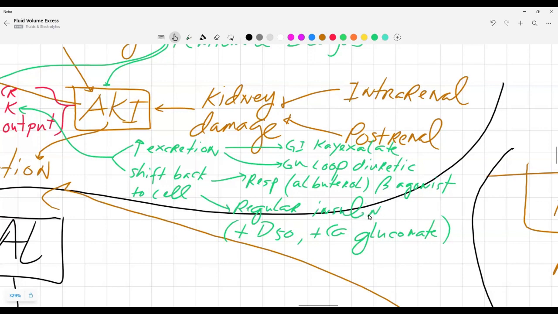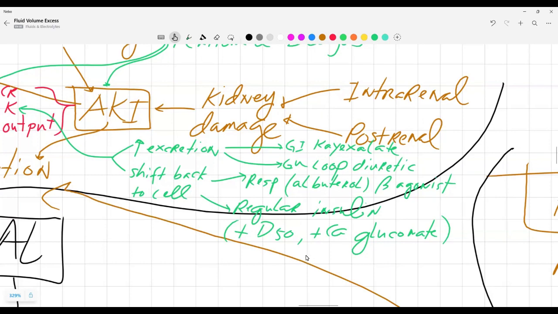However, because insulin opens the insulin receptor in the cell to take in the potassium back, it's also going to take in glucose and calcium back into the intracellular cavities.